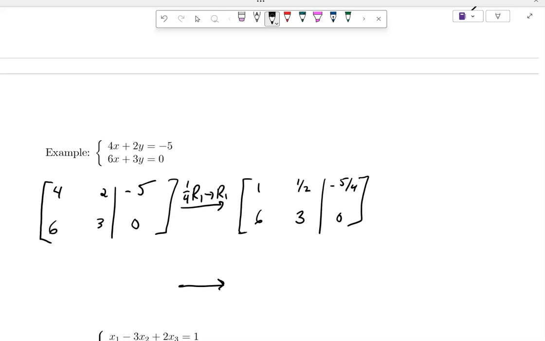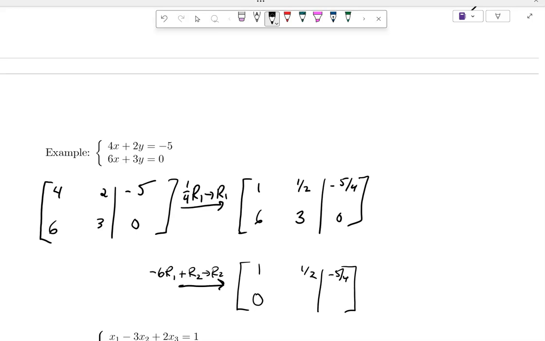What's our next step? Get a 0 below it, right? What row operation do we need to do to get a 0 below? Okay, good. Row 1 times negative 6, added to row 2, replace row 2. I know I'm emphasizing this a lot, but does that change row 1? No. What do you get in row 2? 0 for certain there, right?